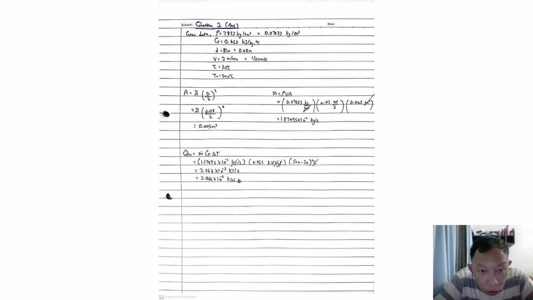The mass flow rate is 1.17495 times 10 to the power of -5 kg per second, and Cp is 0.465 kJ per kg degree Celsius, times the change of temperature, the final temperature 500 minus the initial 30 degrees Celsius, and we get 202.568 times 10 to the power of -3 kJ per second, which we convert to kilowatt, 2.568 times 10 to the power of -3 kilowatt.